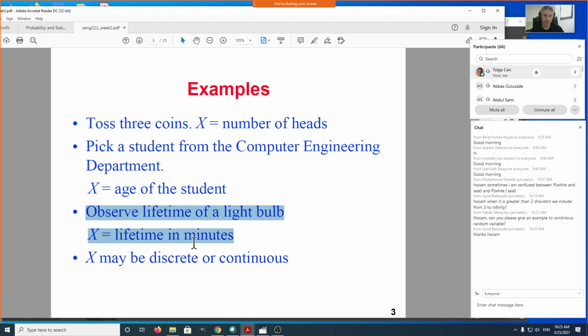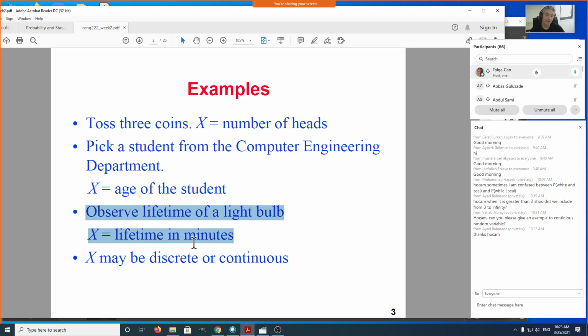So why do we study continuous random variables? We will not ask questions like, what is the probability that the lifetime of a light bulb is exactly 3? Why are we interested in exactly 3? Instead, we ask, what is the probability that the lifetime of that light bulb is between 3 and 4 days? Or more than 4 days?